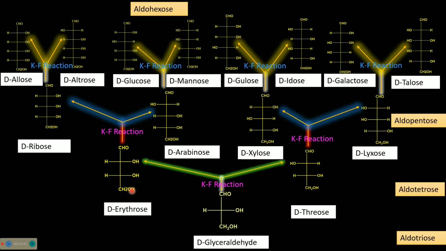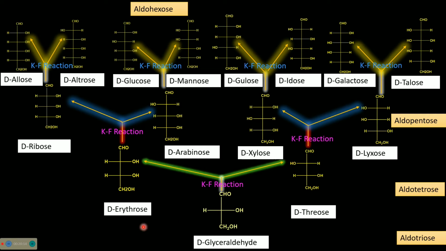In the reactant, the bottommost chiral center has OH on the right, meaning D. Just below the aldehyde, just above the chiral center present in the reactant, one new chiral center will be formed. If we place the OH group on the right side in one product, then in the other product the OH should be on the left side.